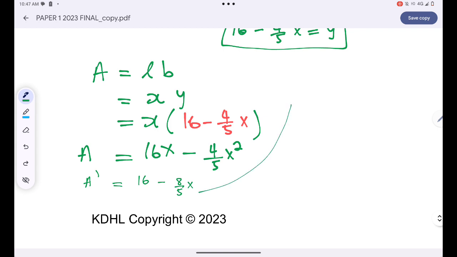For maximum, guys, let me continue on the other side and use a different color. For maximum, I know that the derivative is equal to 0.